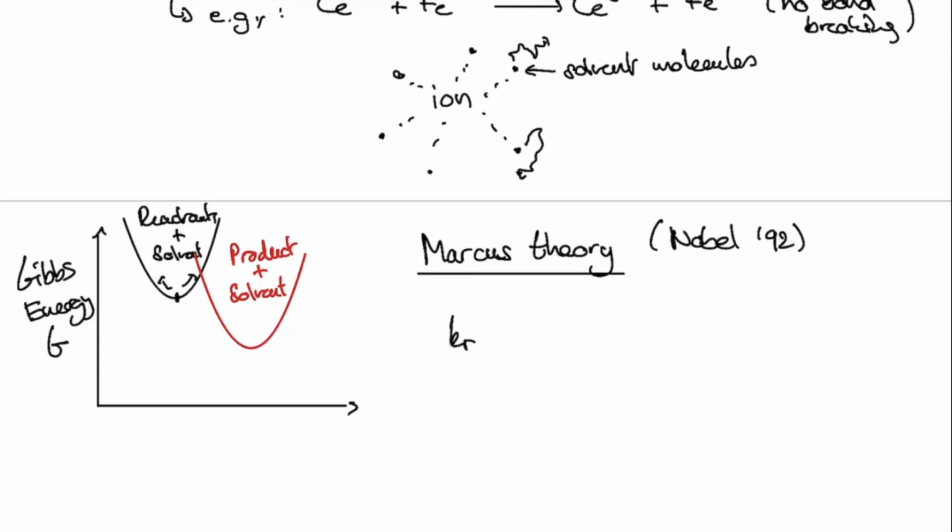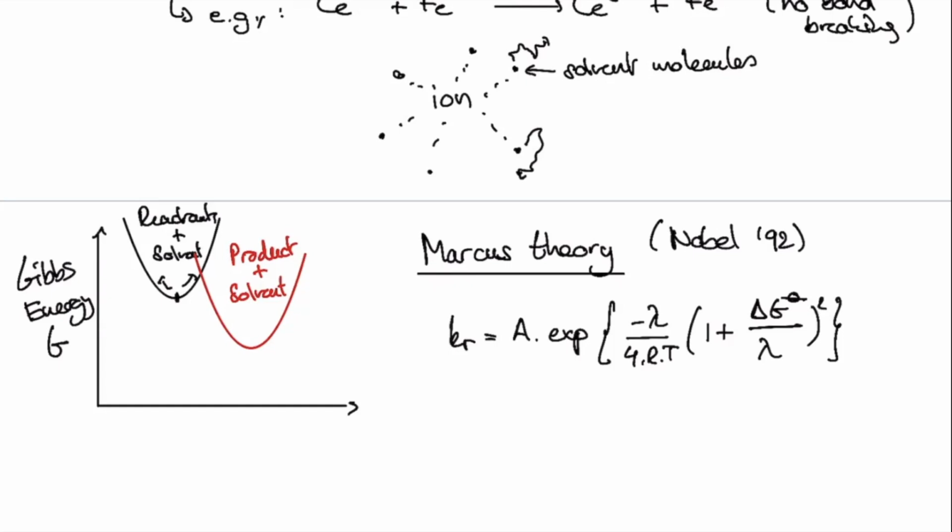So k_r, the reaction rate, is A times exponent minus lambda over 4RT times (1 plus delta G naught over lambda) squared.